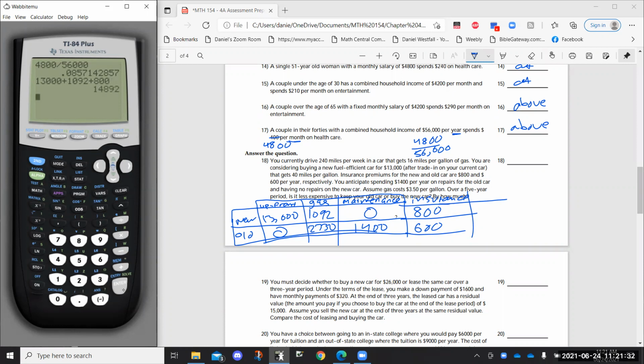Our total for the new car is going to be $14,892. And on the old car, it's going to be $2,730 plus $1,400 plus $600.